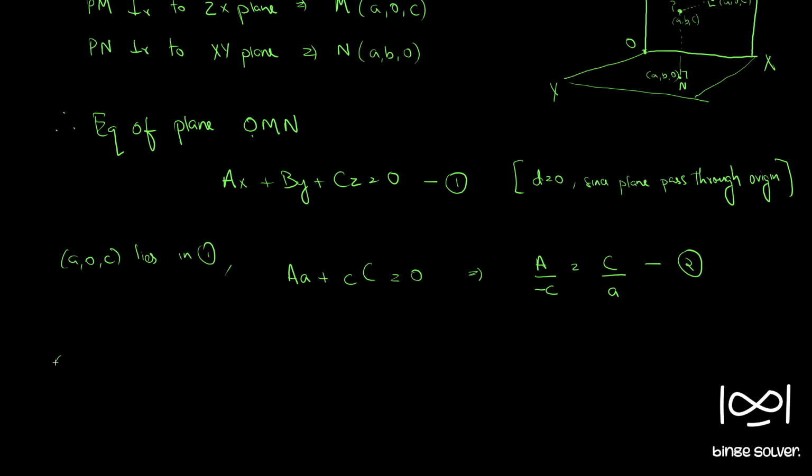Now (a, b, 0) lies on equation 1. We have A into a plus B into b equal to 0. That gives A/b = -B/a. So this is equation 3.